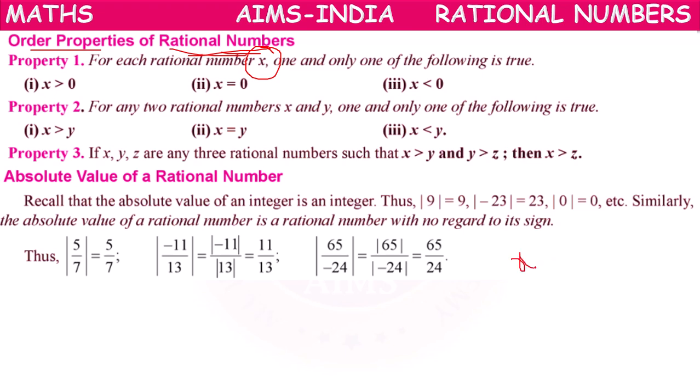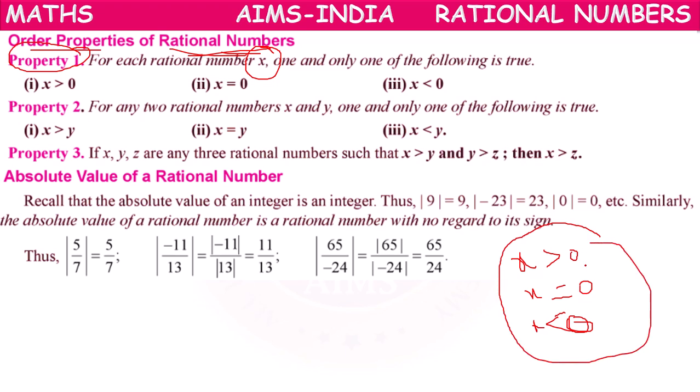According to property 1, it may be greater than 0, or equal to 0, or less than 0. Out of these three conditions, only one condition will be applicable for a given rational number. This is property 1 in the order properties.